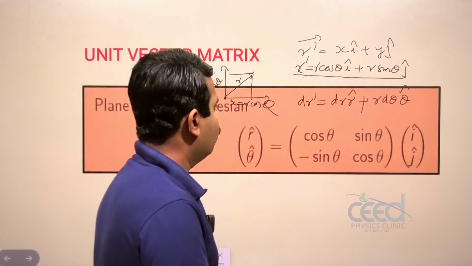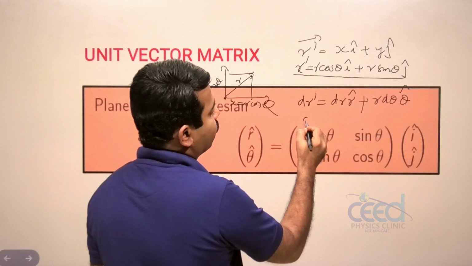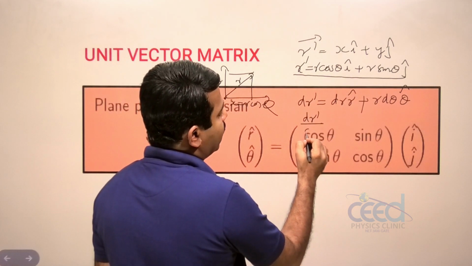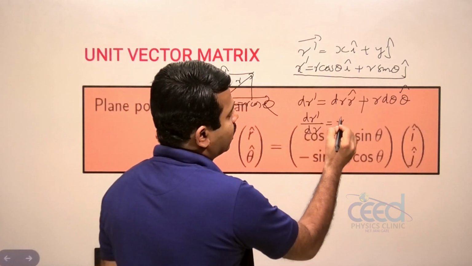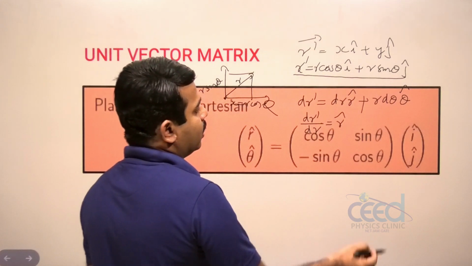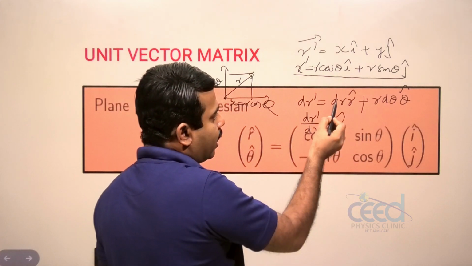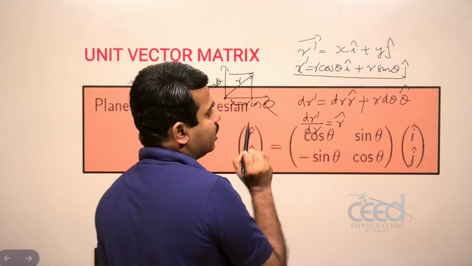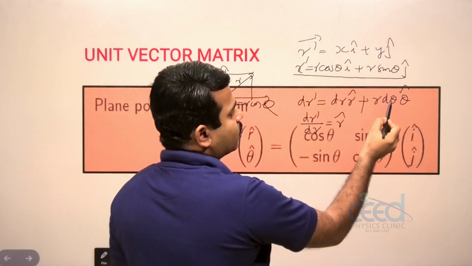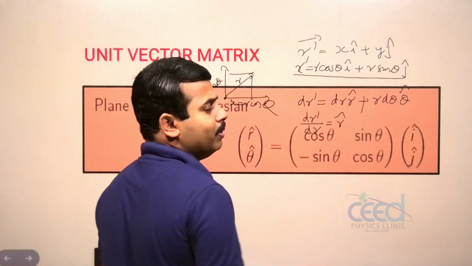So what is this dr dash by dr? From this dr dash by dr, what do you get? r cap, because with respect to dr, I am differentiating this r dash. With respect to theta the other part will be 0.